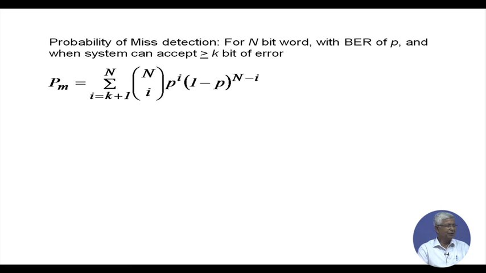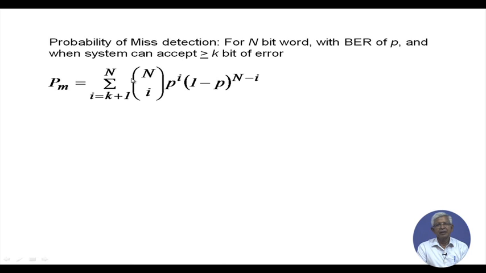Then the probability of misdetection is expressed as the sum of i equal to k plus 1 to n of the binomial (n choose i) p to the power i, (1 minus p) to the power n minus i. You must already know this type of expression.